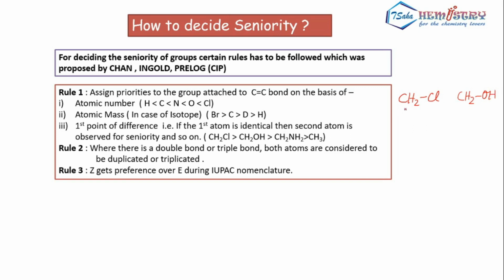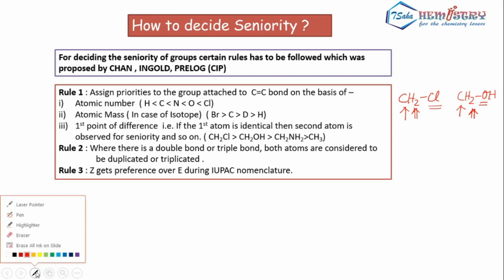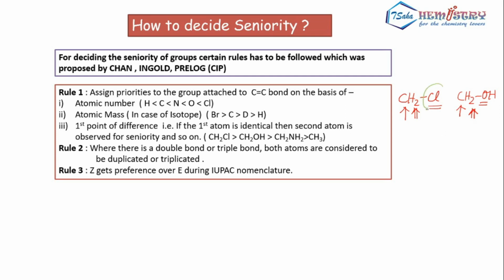Look very carefully: the carbon is similar in both cases, and after that the hydrogen is similar in both cases. After that you have chlorine here and oxygen there. Now between chlorine and oxygen, which one has more atomic number? Just think about it. Obviously chlorine has more atomic number, so chlorine will get higher priority than oxygen.